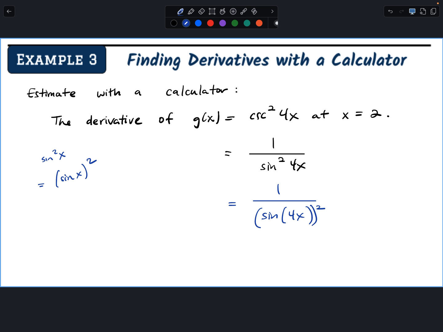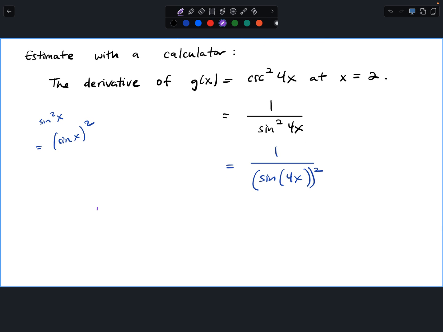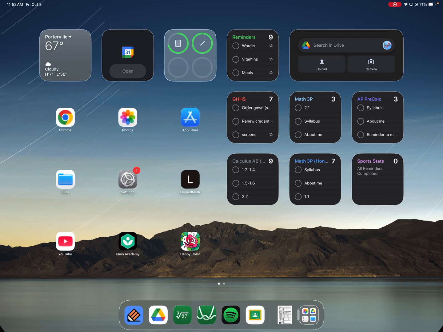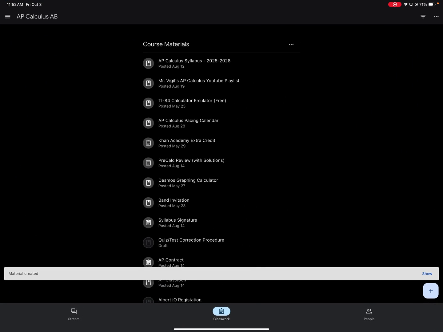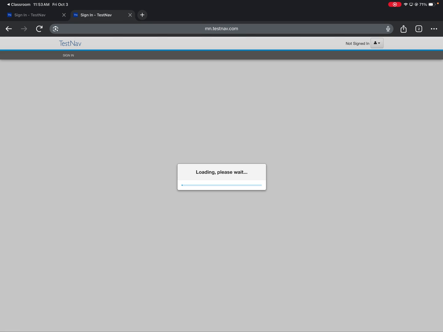Which is the shortcut to do a derivative on my calculator? Math 8, thank you. Nice.